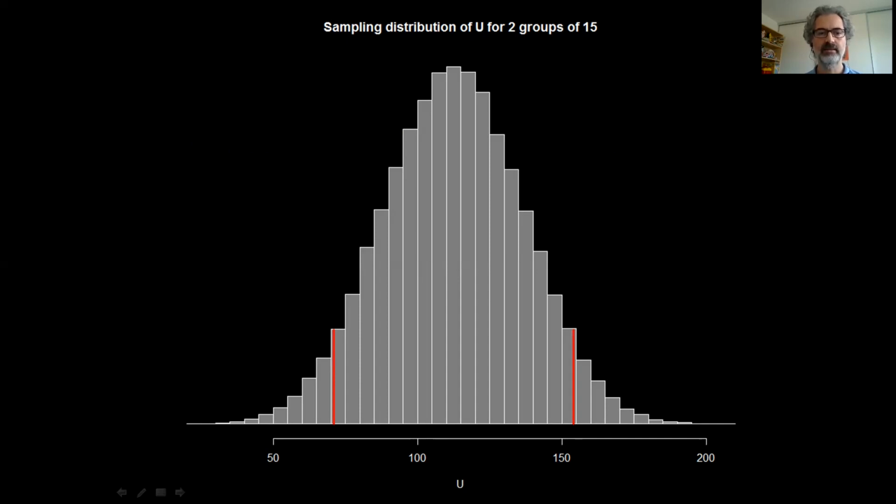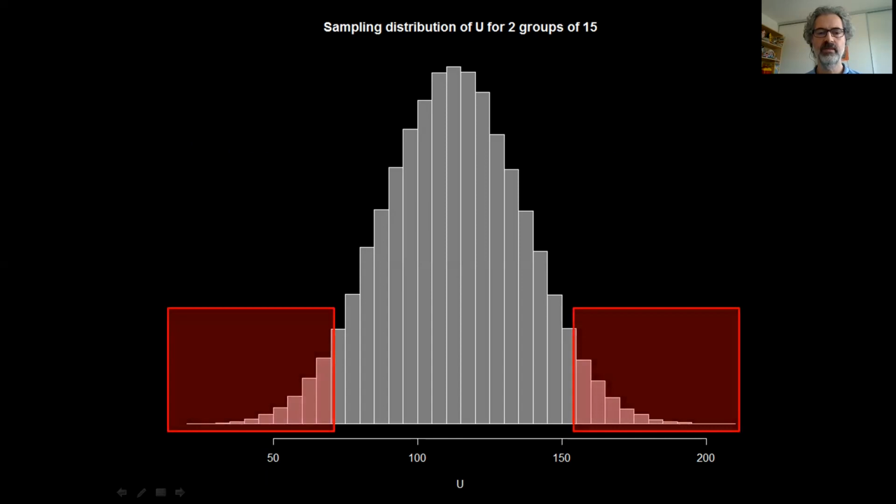And it turns out that on this sampling distribution, there are about 4.4% of values that are higher than 154 and 4.4% approximately that are 71 or lower. And so in total, the probability that a U value would be as observed or more extreme with groups of this size is approximately 0.088.